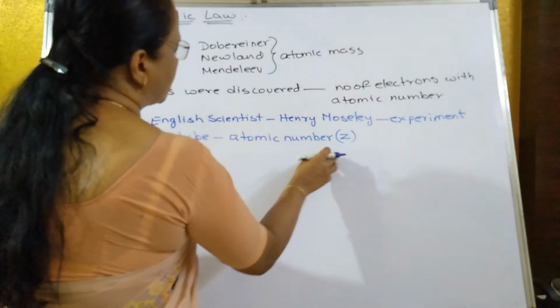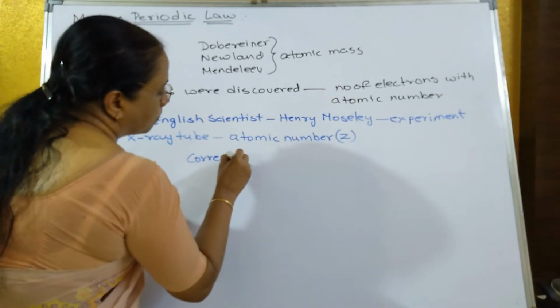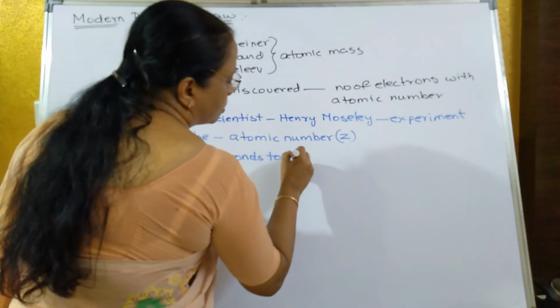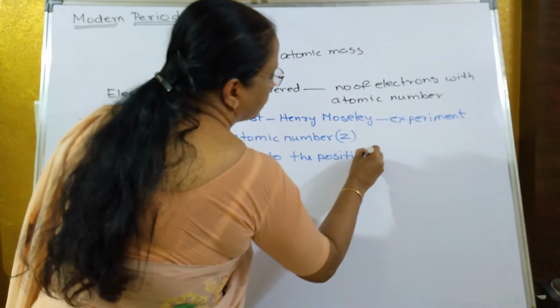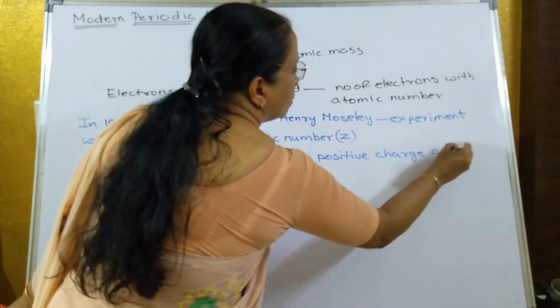So atomic number corresponds to what? To the positive charge on the nucleus.